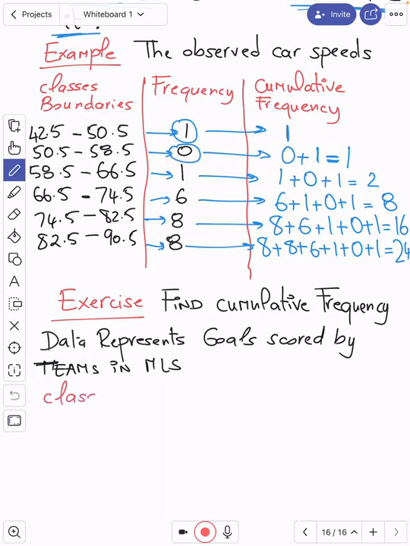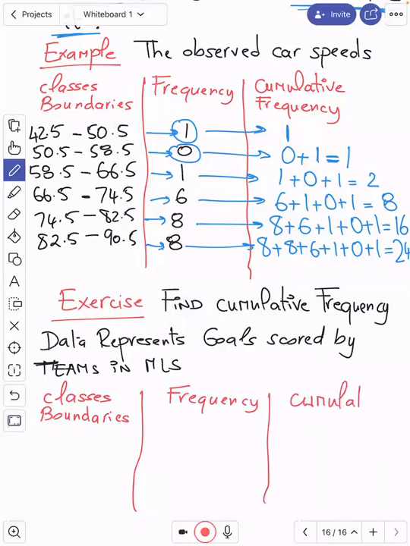Let me write down for you the classes, boundaries, and the frequency, and then you have to compute the cumulative frequency in the last column.